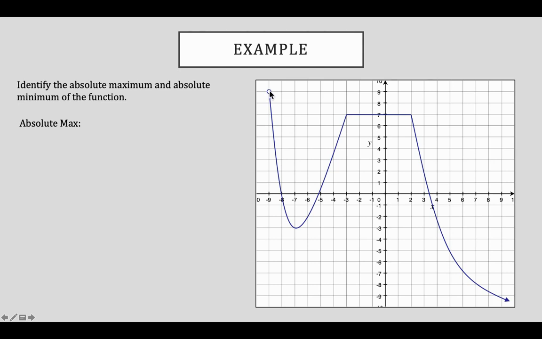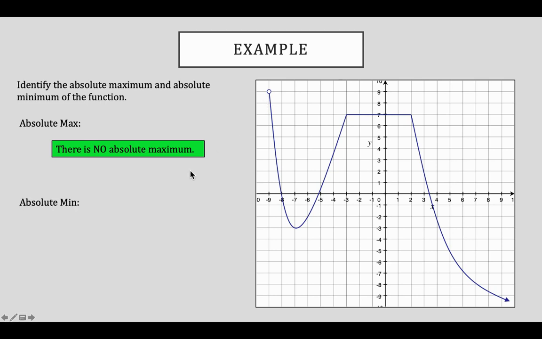That endpoint there is not included. The y values get infinitely close to 9, but it is never going to equal 9. Because we cannot put a real numerical value on that value of y, there is no absolute maximum. I can't put a number on what that y value would be. It'd be something that's infinitely close to 9, but not equal to 9.